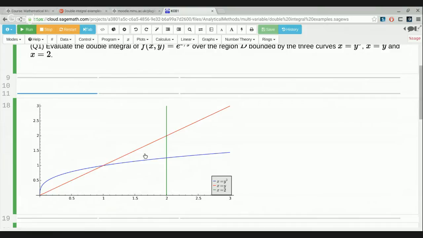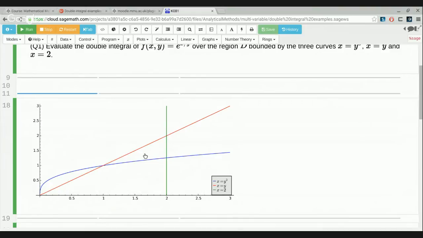I go from 1 up to the cubed root of 2. I'm going to re-express this as the sum of 2 double integrals. Just watch and see it.